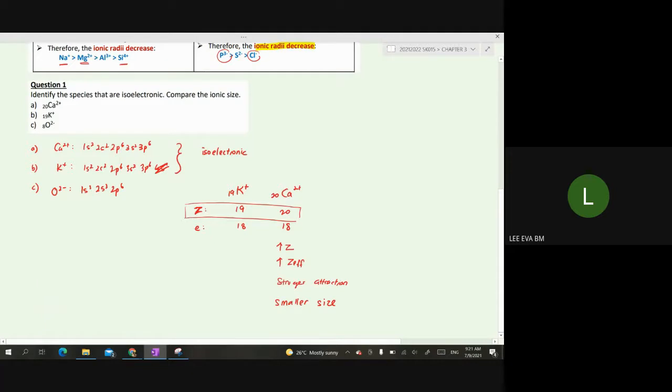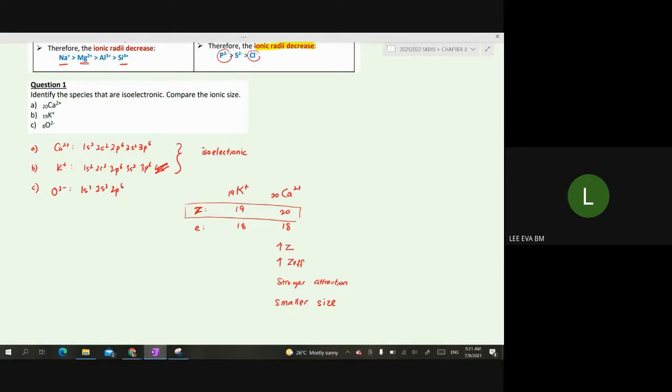Please get your idea first, and after you get your idea, you can practice writing it into sentences. The main thing is to get the idea first: how to do the comparison, what factors to use, what explanations to write. So in this case, calcium 2 positive with the higher proton number and effective nuclear charge has the smaller size.